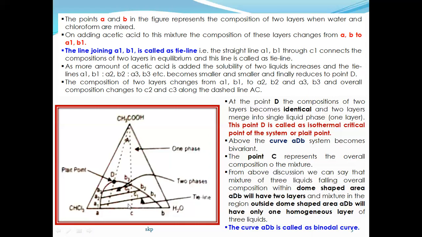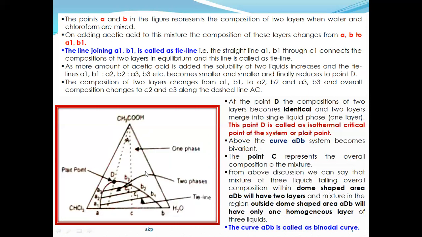A mixture in the region outside this area, within the triangle but outside the dome, will have only one homogeneous layer of three liquids. Within this dome two layers are present, and outside it only one homogeneous layer is present. The curve ADB is called the binodal curve.